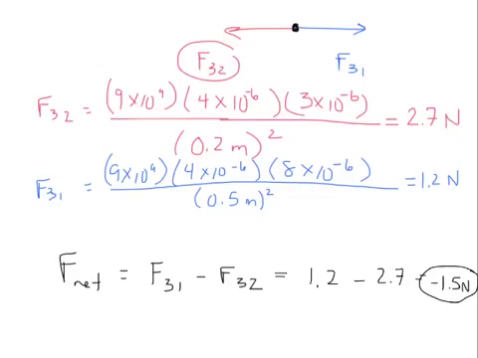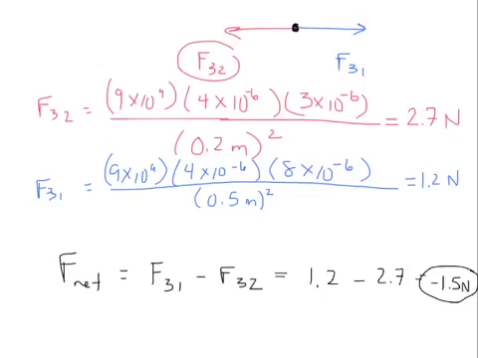So what does that mean? It means that the third particle is feeling a pull to the left. A pull to the left because it is negative. If this answer had been positive, it would be feeling that push to the right. So it's like, imagine if I were pushing on this desk to the right, but at the same time, Lou was pushing to the left.